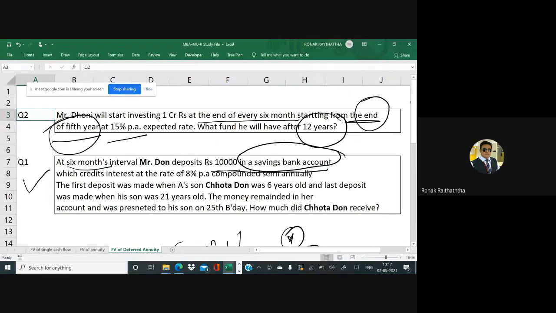Again, the 6 month is the frequency, which credits the interest at the rate of 8% per annum compounded semi-annually. Obviously, because Mr. Don is depositing his income on a 6 monthly basis. The first deposit was made when A's son, now this is not A, it's Don, right? Let me change the name of A to Don.